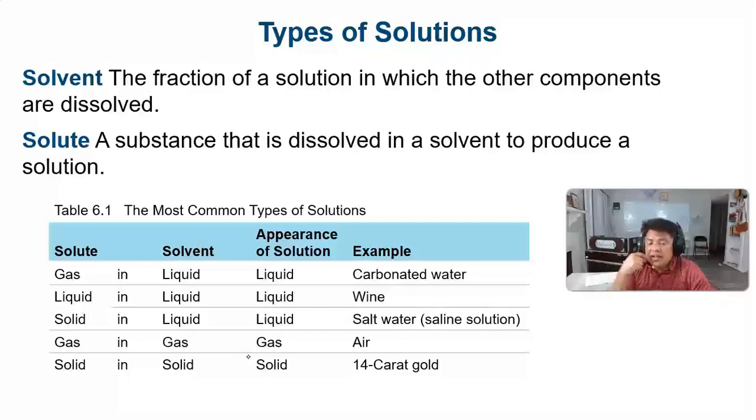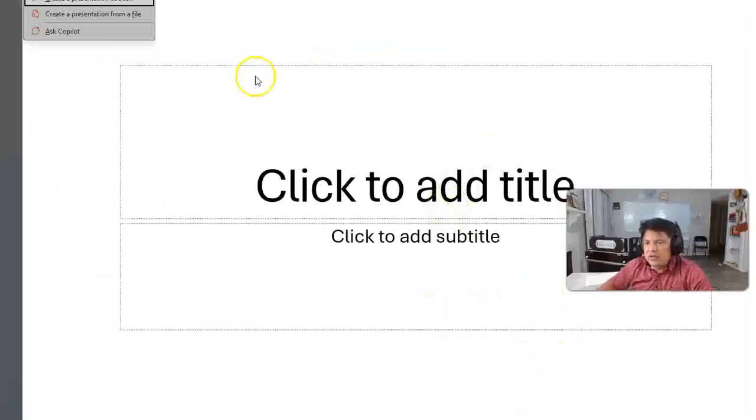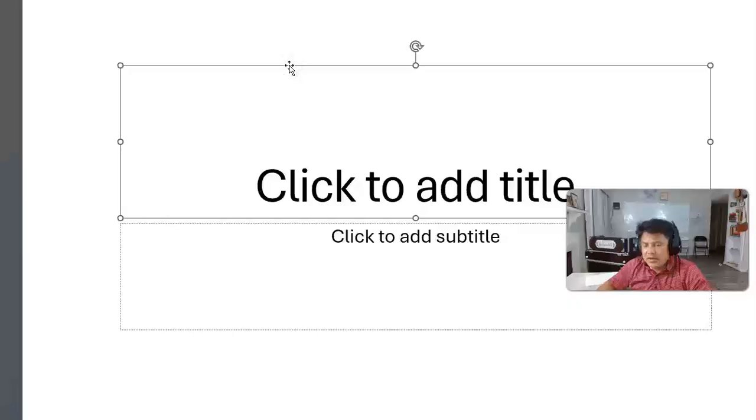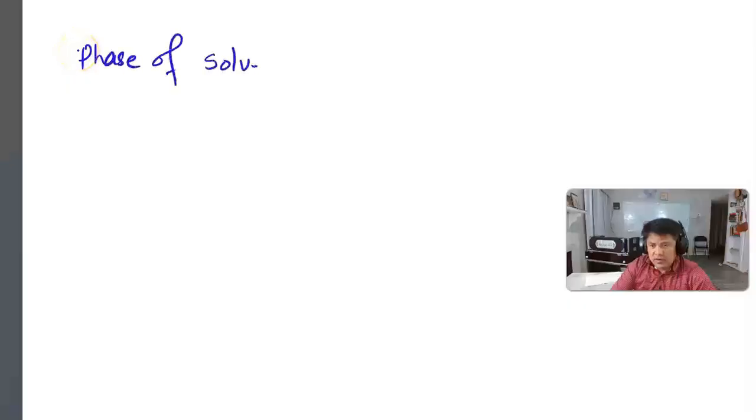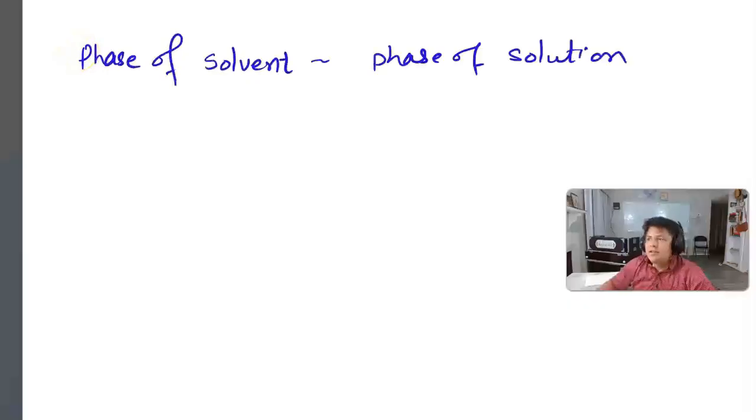So the phase of the solvent is the phase of the solution, generally. Now we will write down here: generally, the phase of the solvent is the phase of the solution.